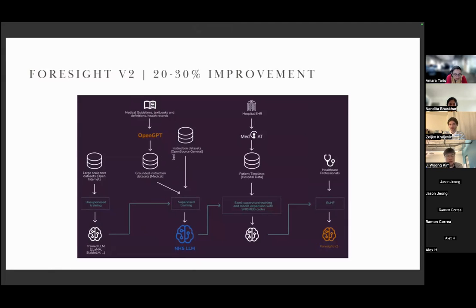We fine-tune a model, call it NHS LLM. We then run the semi-supervised training on hospital EHRs, so on these patient timelines. And at the end, we run reinforcement learning from human feedback to finally fine-tune that model for the full-on version of Foresight V2.